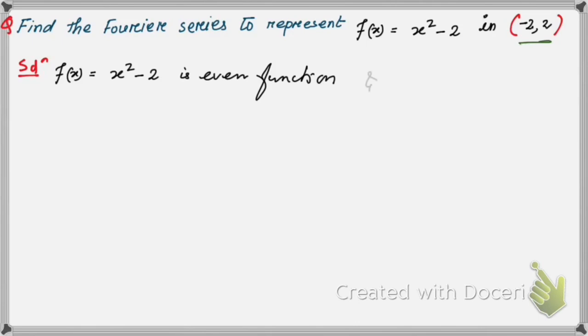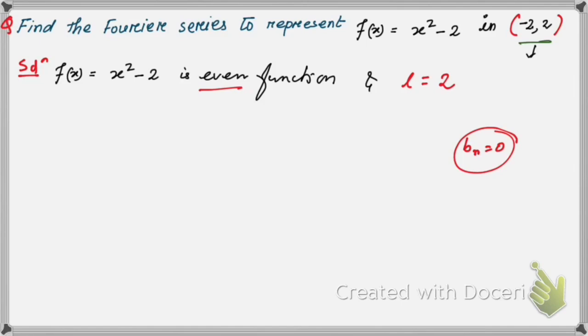In this case, compare this interval with minus l to plus l. So here the value of l will be equal to 2, right? And as it is an even function, I have already explained that bn is equal to 0. For an even function bn is equal to 0.